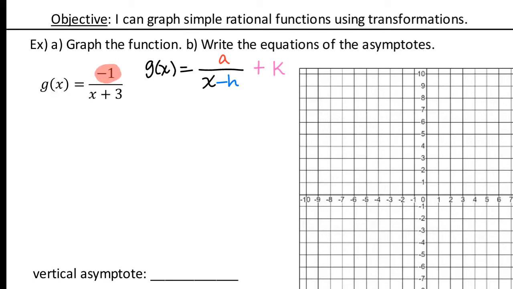In this case, I have a as -1. So if you remember, what does that negative tell you to do to the graph? It's a reflection this time, okay? So I have an x-axis reflection. It's 1, so no stretch, no compression. All I have is an x-axis reflection.